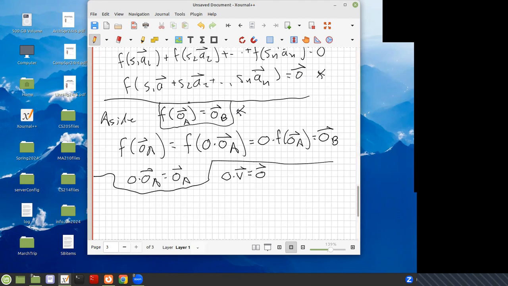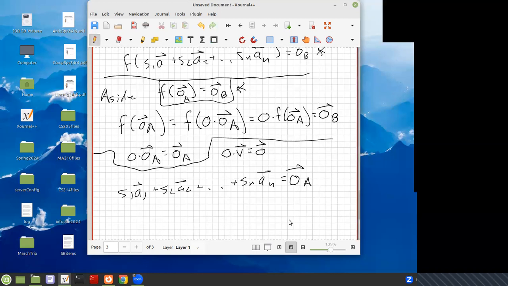If this vector was not equal to the 0 vector, the map wouldn't be one-to-one, because we'd have two different vectors mapping to the 0 vector in B. So what that means is that S1 A1 plus S2 A2 plus dot dot dot plus Sn An, the linear combination of all the vectors, has to equal the 0 vector in A. Well, the A's are a basis, so they're linearly independent.